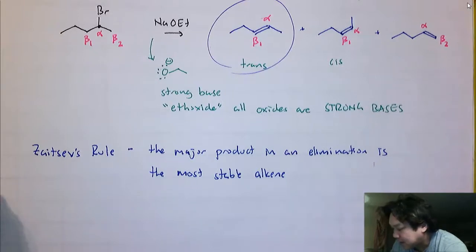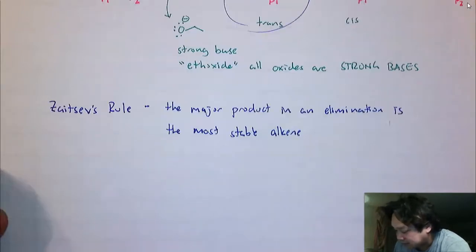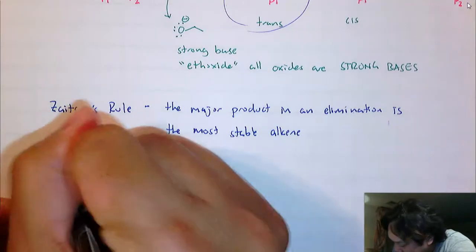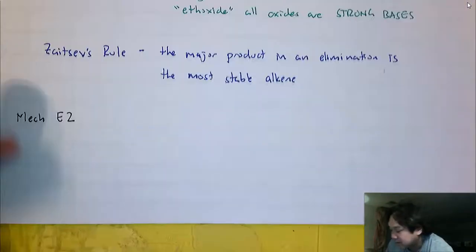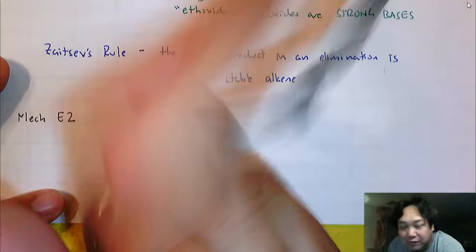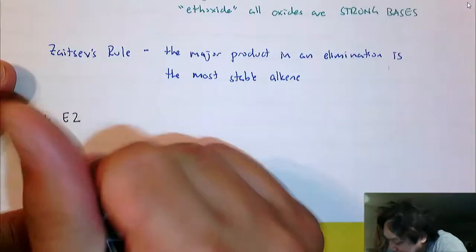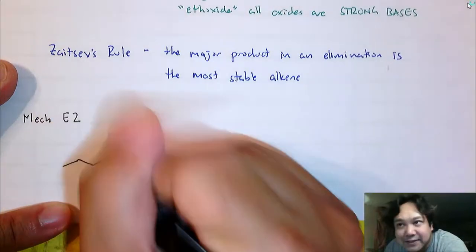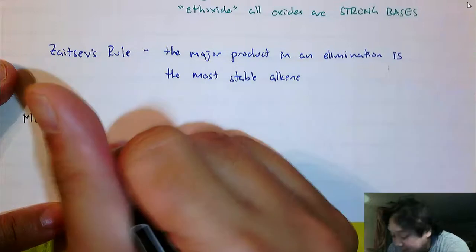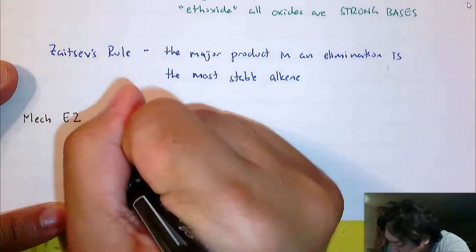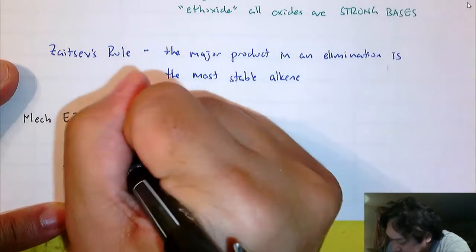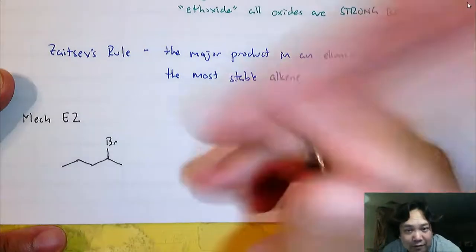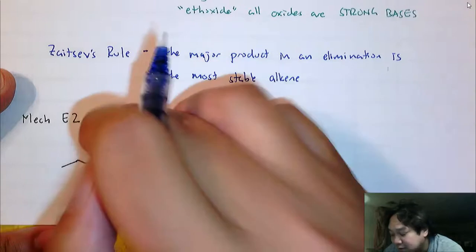So the E2 mechanism, I think I could squeeze it in here. For E2, we'll draw it for the major product. It's one step, just like SN2 was one step. Are you making these connections between things that you've been taught before, SN1 and SN2? This is E2.